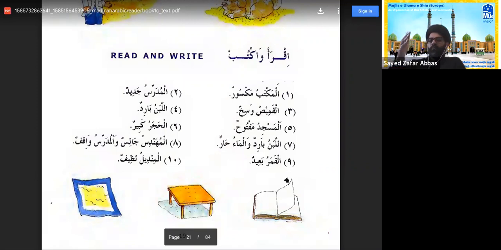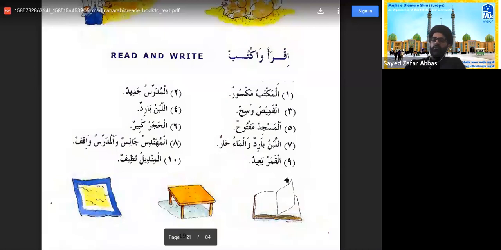So here are all the other examples where we are being asked to write these sentences and mention their meanings as well. Okay, so we will read the sentence, write the sentence, and understand what their meanings are.